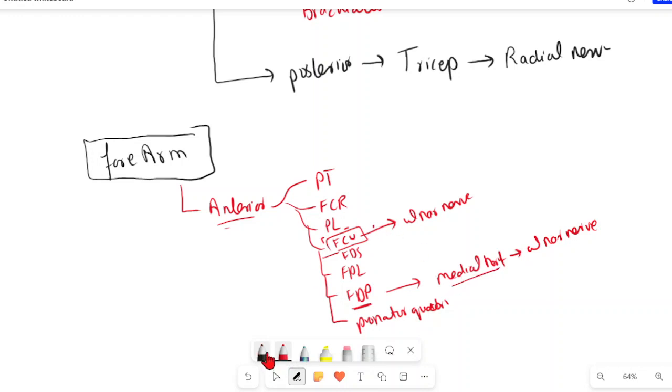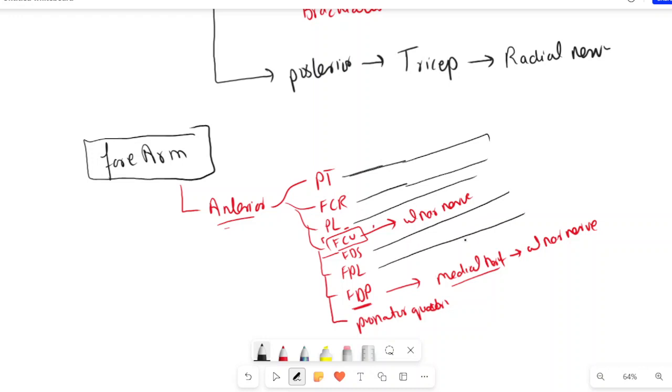All the others, all the remaining muscles, are supplied by the median nerve.